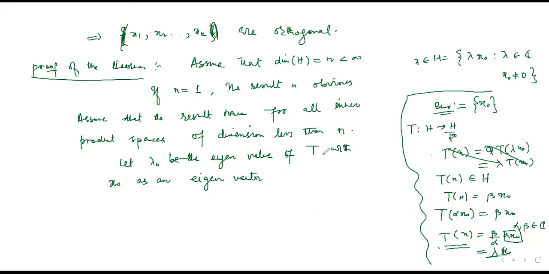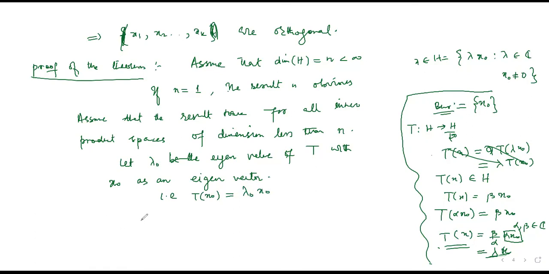So let lambda naught be one of those and x naught be the corresponding eigenvector. So that is T of x naught जो है is the same as lambda naught x naught. ये हम मान के चल रहे हैं.